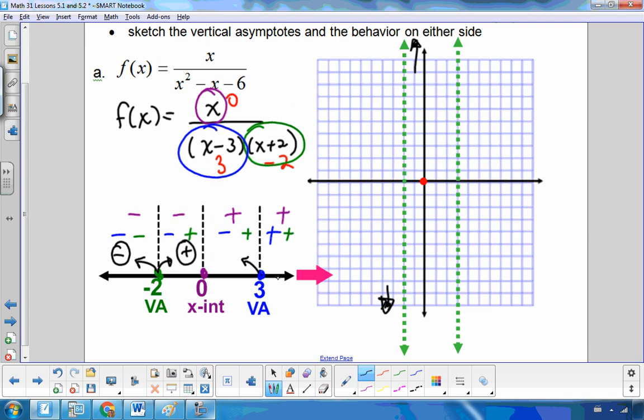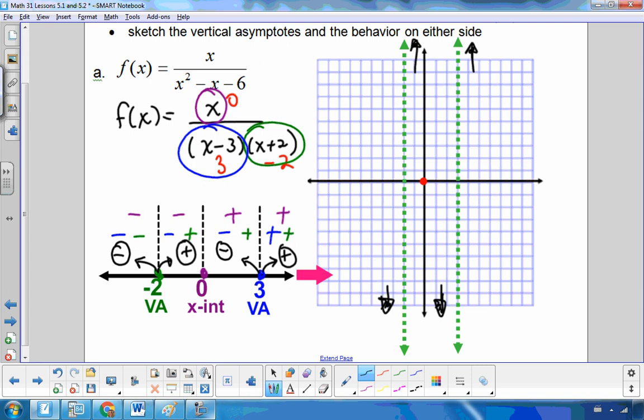To the left of 3, I have 1 negative. So that means to the left of x equal 3, I will be going to negative infinity. To the right of 3, I have all positives. So that means to the right of 3, my graph will approach positive infinity.